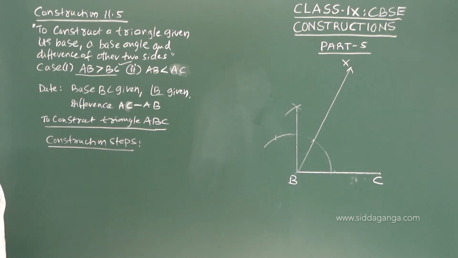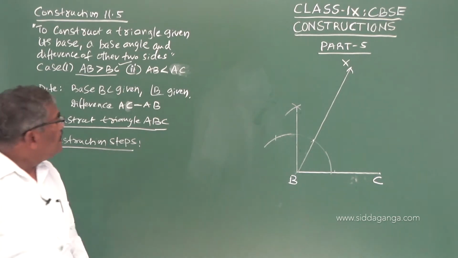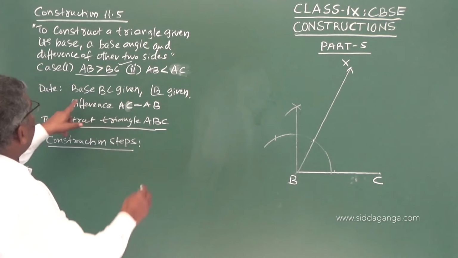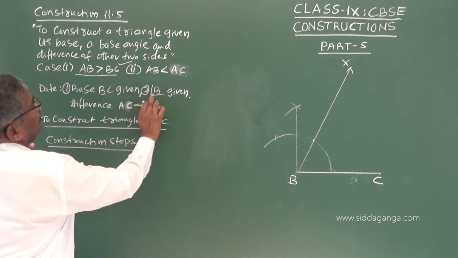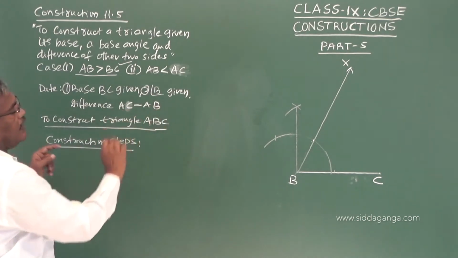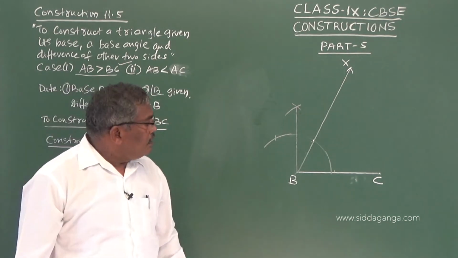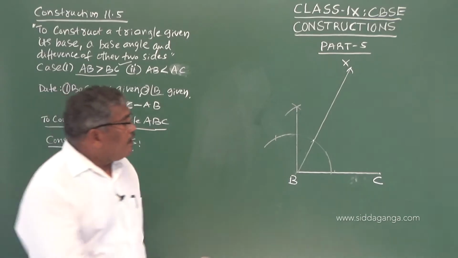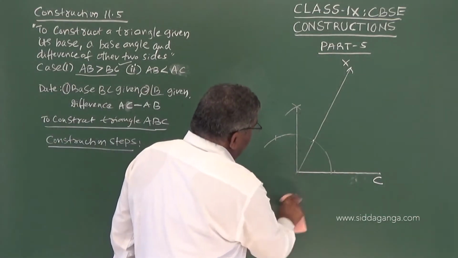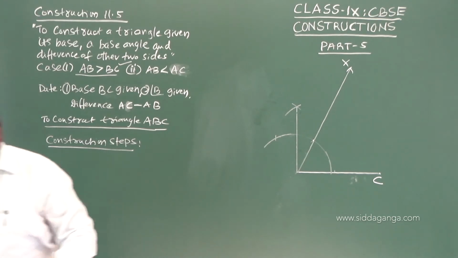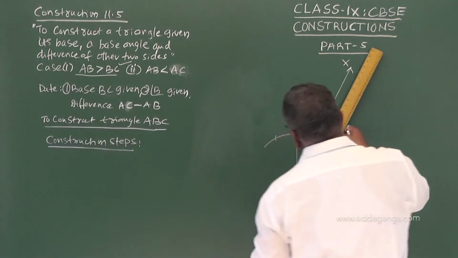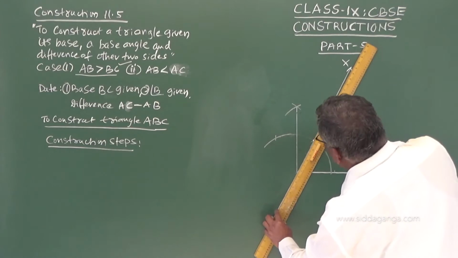After drawing that, we take the third data. We have used data 1 and data 2, and now we use the difference AC minus AB. We have to extend this XB line backward.